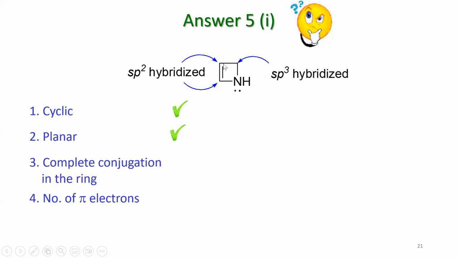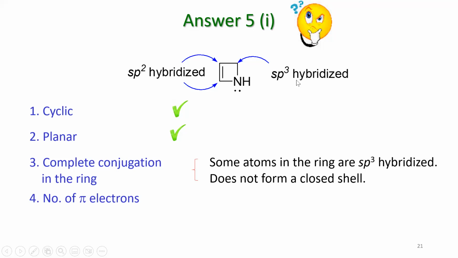But there's no conjugation with this carbon atom because there are no pi electrons or lone pairs of electrons here. It is sp3 hybridized. So when some atoms in the ring are sp3 hybridized, it does not form a closed shell, right? The electrons cannot circulate around the ring. It is broken. So this is absent.